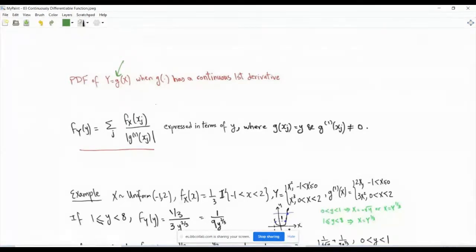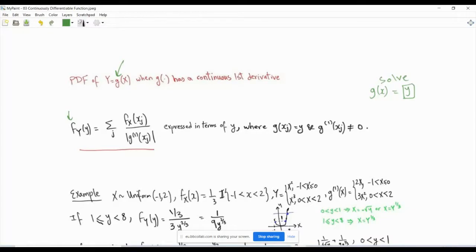Okay, so you have a function that is differentiable and it has a continuous first derivative. You want the PDF. Okay, so this is the PDF of y evaluated at small y. What do you do? You take the function g of x equal to small y, and you solve this. Solve g of x equal to small y.